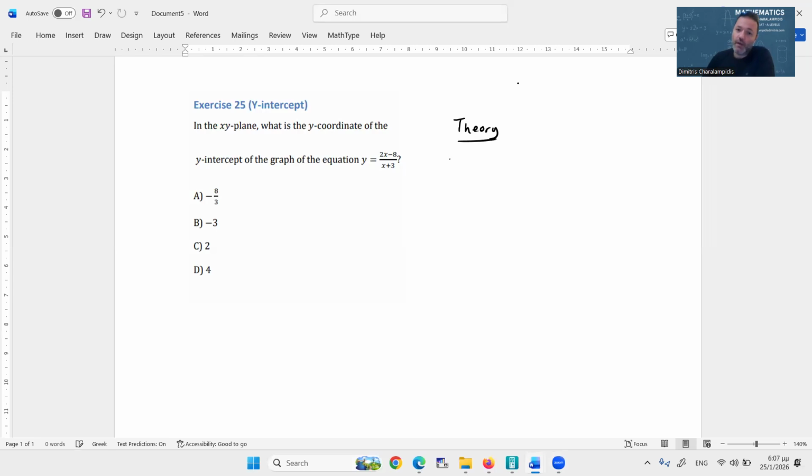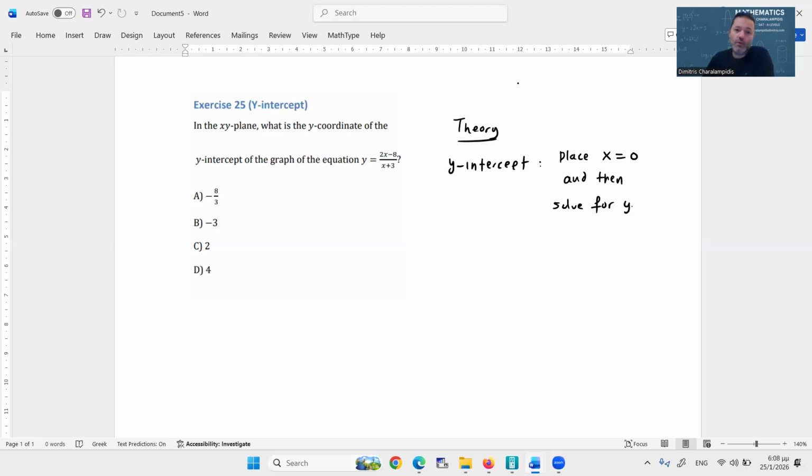In order to find the y-intercept of a function, all I need to do is place 0 instead of x and then solve for y.